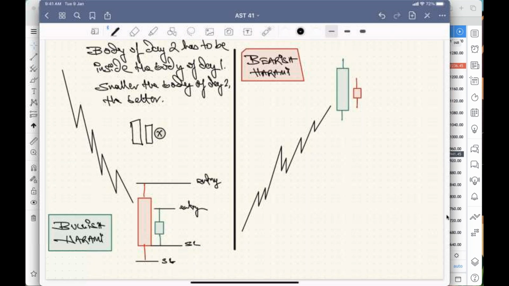Does the pattern relate to the volume, sir? Yes, Nishar, there is a saying that in these patterns, larger the volumes, the better. When a hammer or a hanging man or a shooting star or a bullish or bearish Harami pattern shapes up on these particular days, if the volumes are large, it's always a good pattern. That is what it says theoretically.